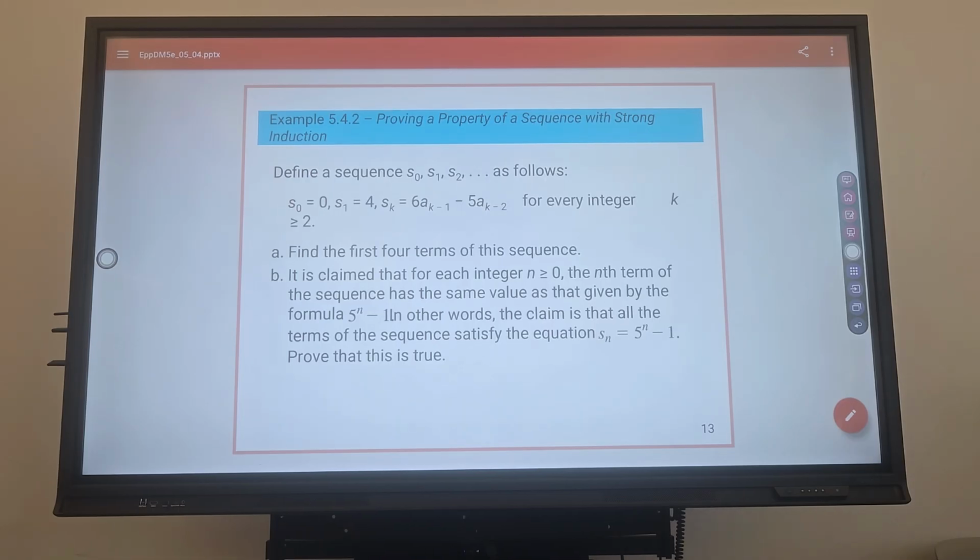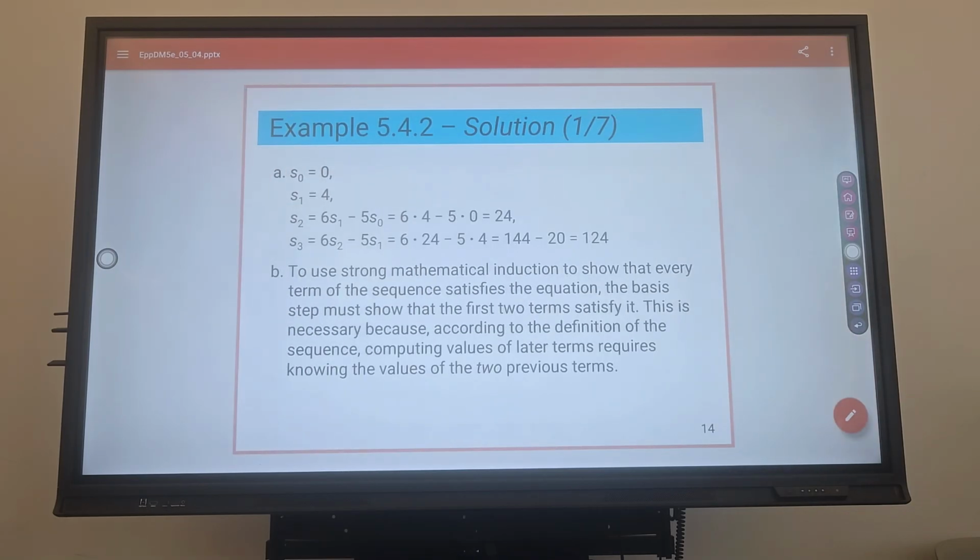It is claimed that for each integer n greater than or equal to 0, the nth term of the sequence has the same value as given by the formula 5 to the n minus 1. So the sequence satisfies the equation S sub n equals 5 to the n minus 1. So the first 4 terms are given here.